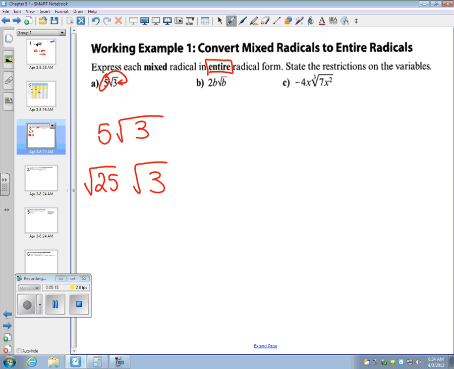Now, because these have the same index, we can rewrite this as the square root of 25 times 3, which is equal to the square root of 75. So we have changed this mixed radical into an entire radical. Okay? State the restrictions. Because we're dealing with real numbers, that doesn't really apply here. Okay? Let's try B.